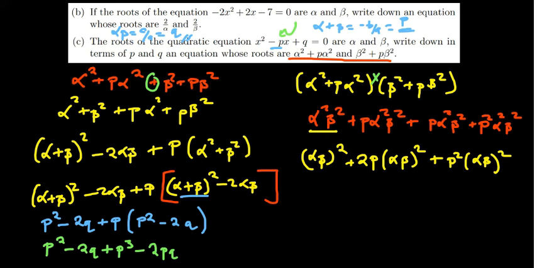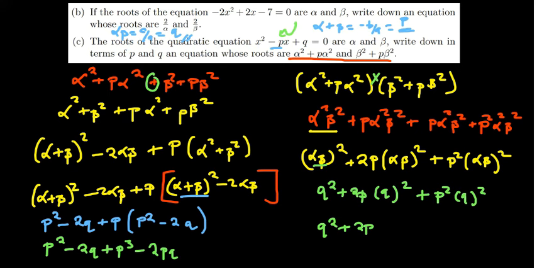The other part, alpha multiplied by beta is q, so I have q squared plus 2p, that is already q again squared, p squared again, and that is like q squared again. So we have q squared plus 2pq squared plus p squared q squared.